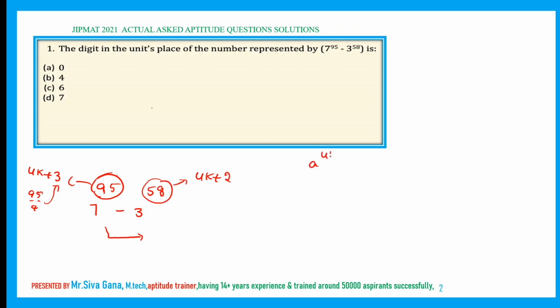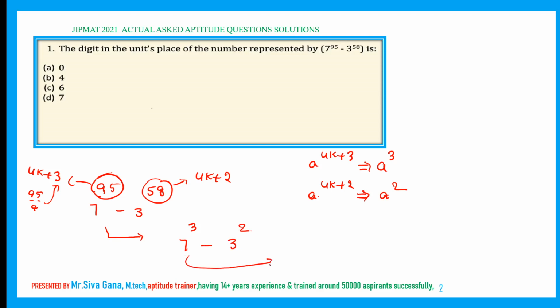The unit digit of a power 4k plus 3 is equal to the unit digit of a power 3. Similarly, the unit digit of a power 4k plus 2 is equal to the unit digit of a power 2. That is what I am applying here. So the 7 power 95 unit digit is the same as 7 power 3, minus the 3 power 58 unit digit, which is the same as 3 power 2.